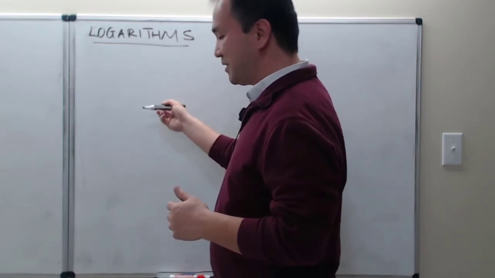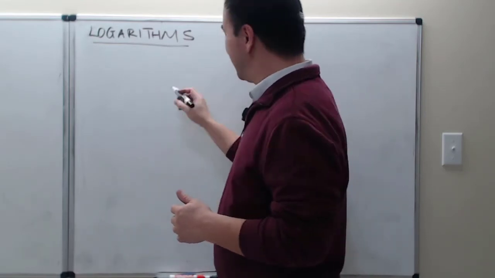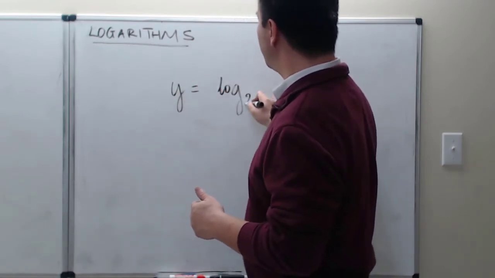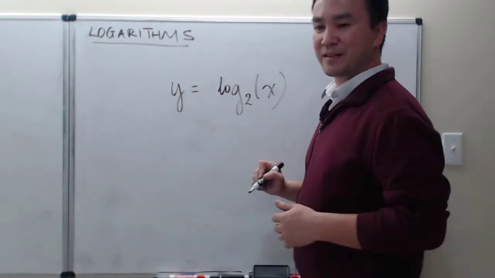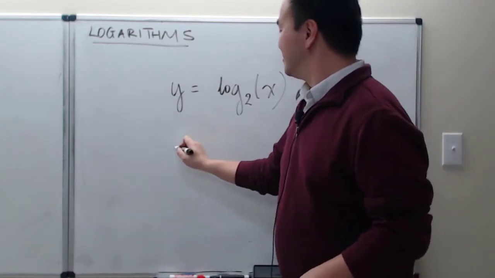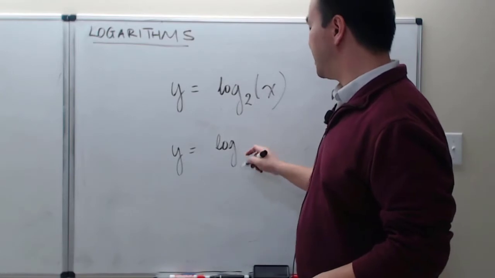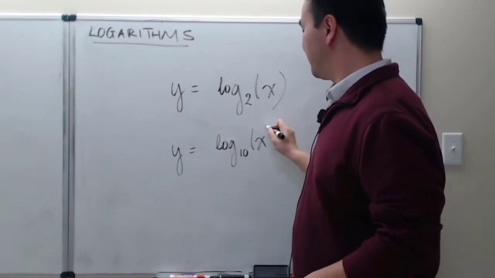At this point we understand that a logarithm is a function. So we can have log base 2 of x, that is a function. We can have a function being log base 10 of x.